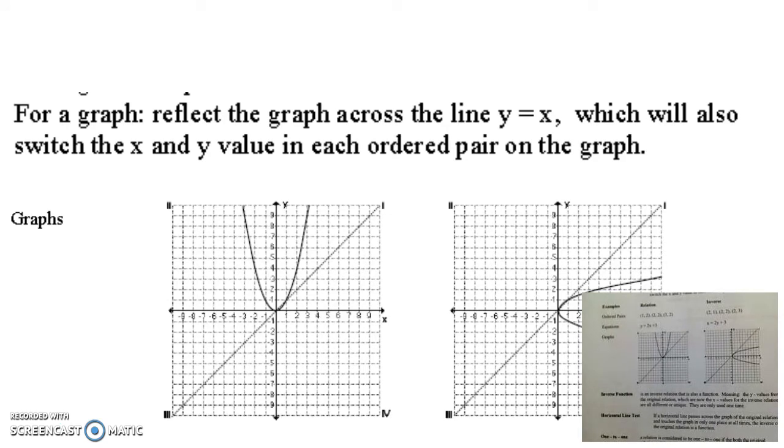And in the case of a situation where we've got a graph, so for instance, here's the graph y equals x squared. If we traded out the x and the y in this case, we would have this graph, which it's pretty easy to see as a reflection across the line y equals x.